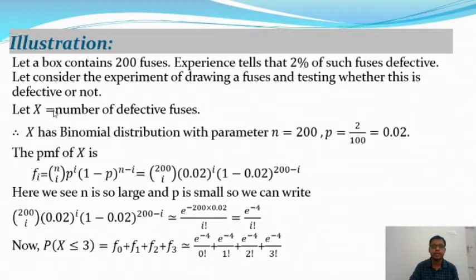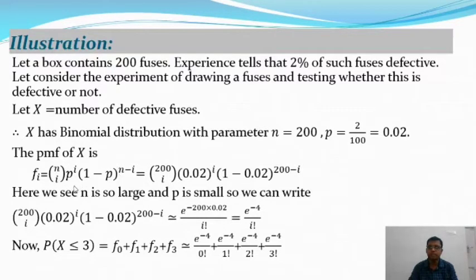So in that case, let X be the number of defective fuses. Therefore X has a binomial distribution with parameters n equal to 200 and p equal to 2 by 100, that means 2%, or 0.02. So the probability mass function of X, f_i, is equal to nCi p to the power i into (1 minus p) to the power n minus i.